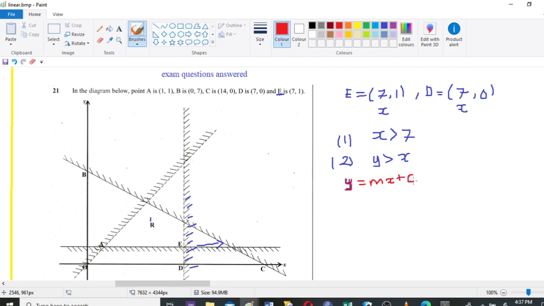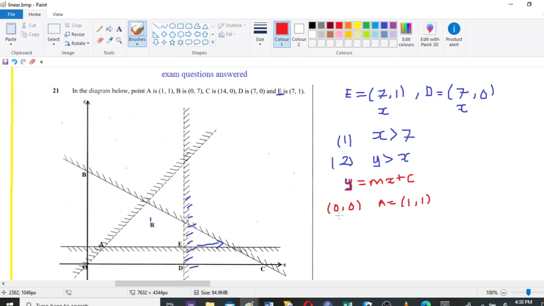You can use the standard equation for straight lines. Use 0, 0 as one point, and then you can also use A, which you've been given to be 1, 1.